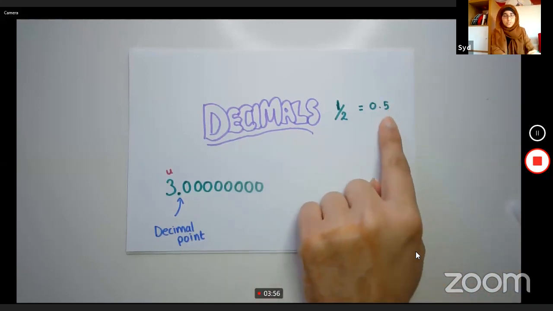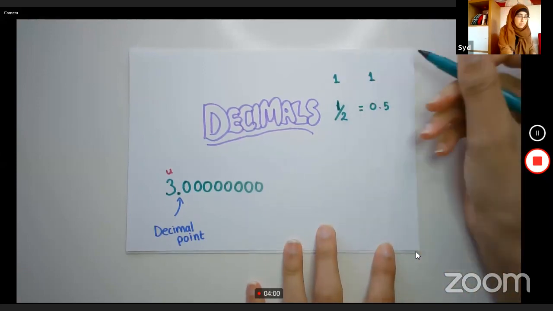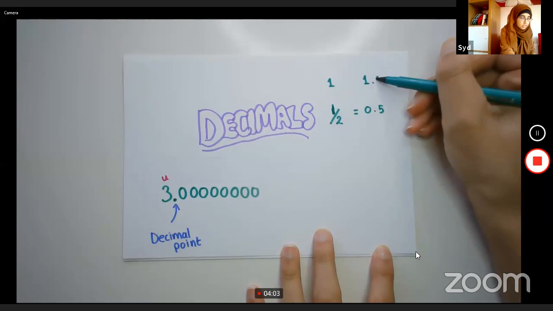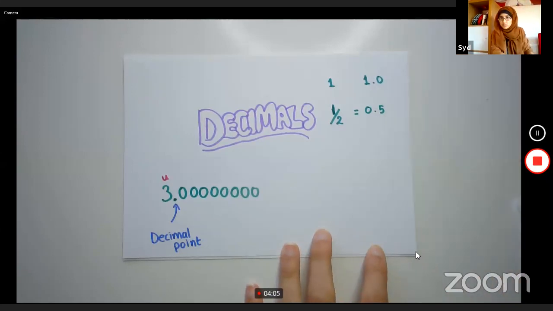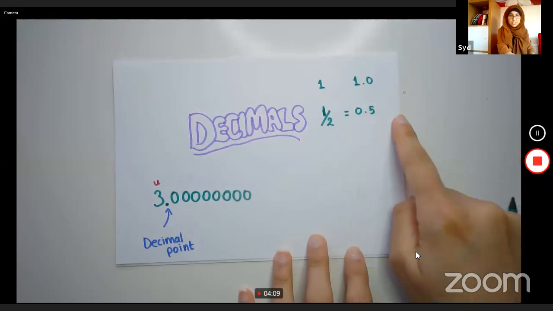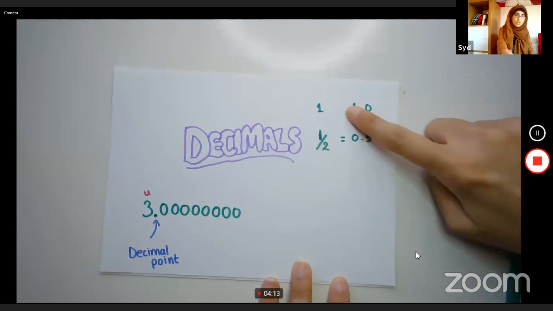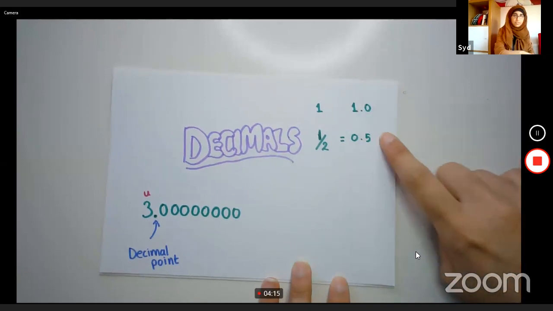0.5 means a half because this is one whole. Remember, your 1 is 1.0, okay? And well, 1.0000. This is 0.50000. But if you want to match up these points so you can see what it looks like, you've got 1.0 here and 0.5.